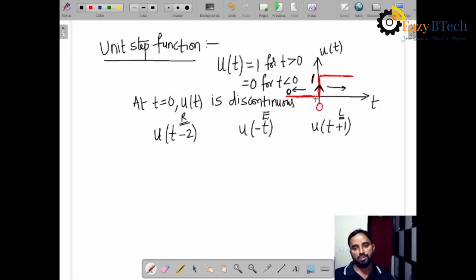So this is the original signal u of t, right? u of t minus 2 means the step signal shifted right. How many units? 2 units. So from 2, draw the step signal.